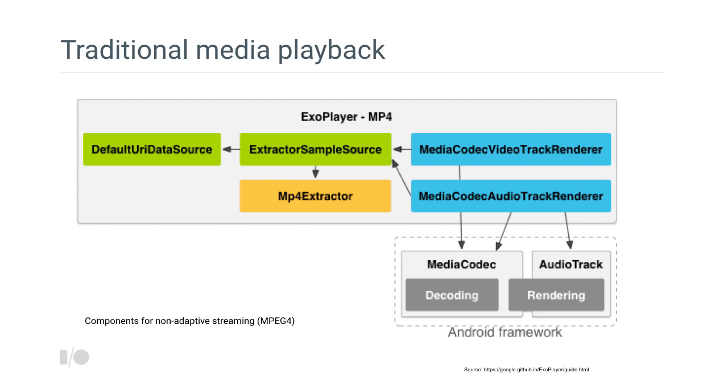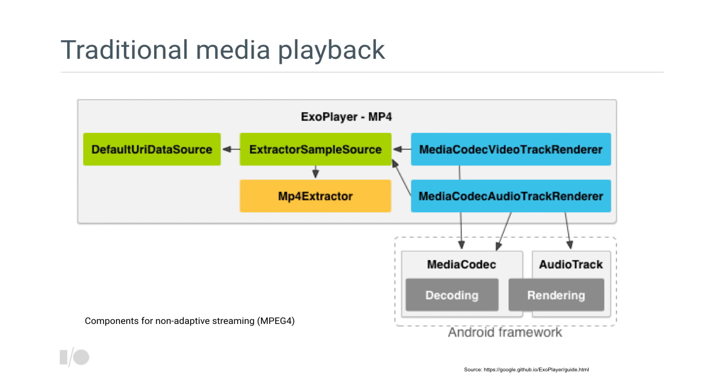That's exactly what we need for such traditional media playback. Again, we need two track renderers. We have these blue boxes on the right. This is a media codec video track renderer and a media codec audio track renderer. Those two are responsible to render audio and video data by using the public media APIs.